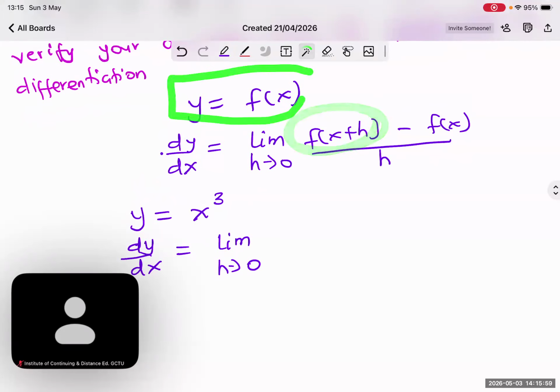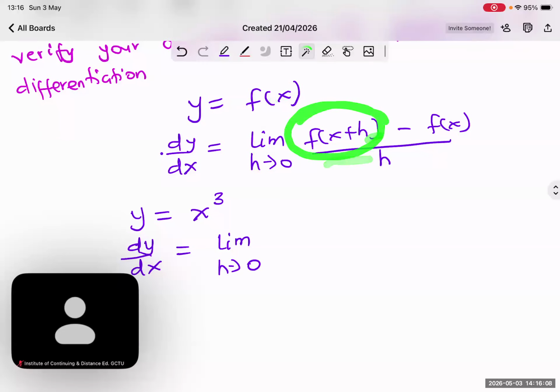Then the next step is to put the function in this form. From the original function, y is equal to f of x. To put this into the formula, you notice that we don't write it as f of x, but we write it as x plus h, meaning we go into the function, remove whatever is inside, and then put x plus h there.